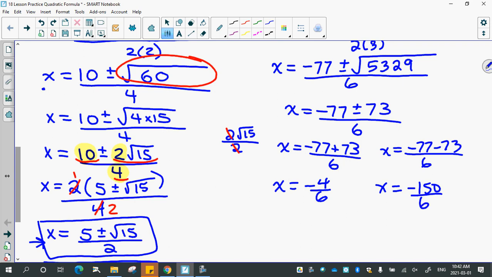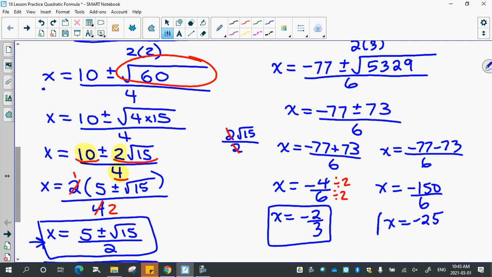This reduces, I could divide top and bottom by 2 to reduce it to lowest terms and get negative 2/3. So there's an exact solution. And here, negative 150 divided by 6 is exactly negative 25.